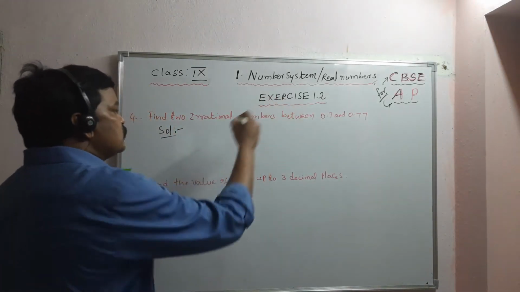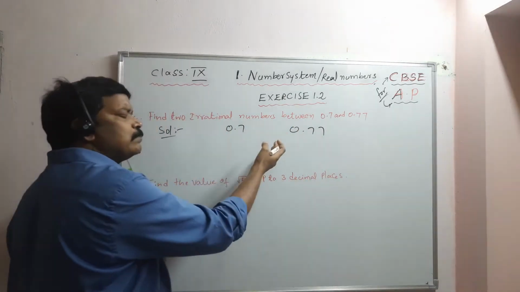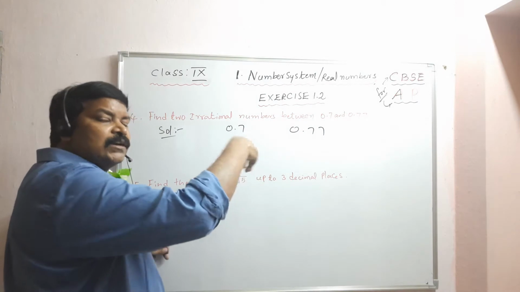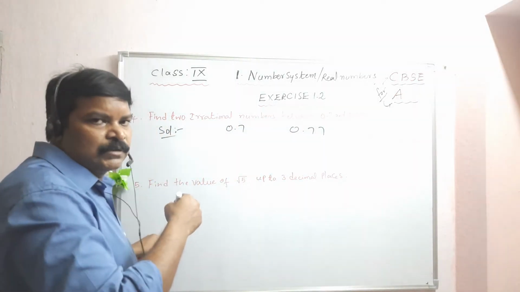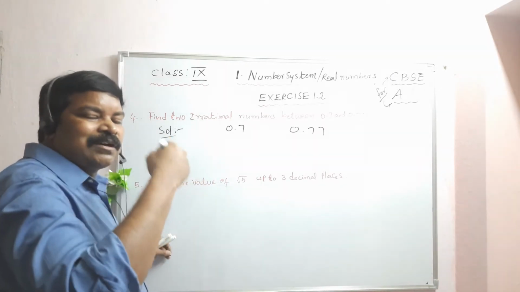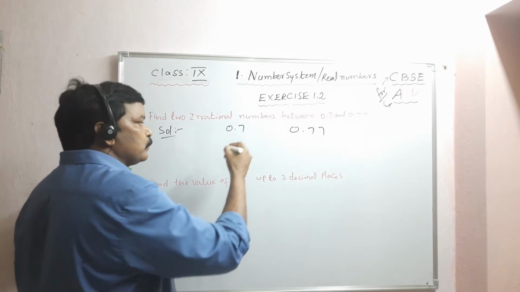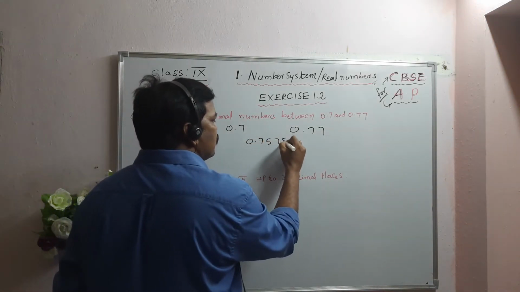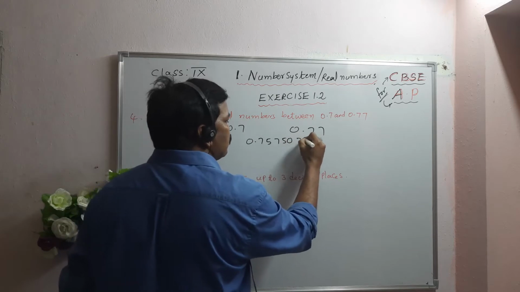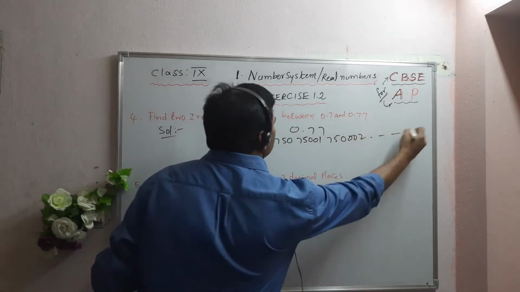See, 0.7, 0.77. You can take any non-terminating, non-repeating number between 0.7 and 0.77. That non-terminating, non-repeating decimal is called an irrational number. Right. I will take 0.75, 750, 75001, 75002, something like that.